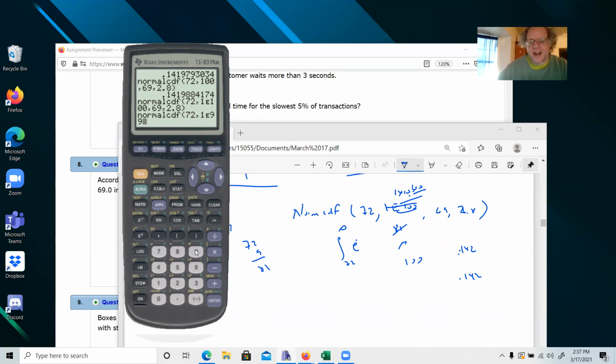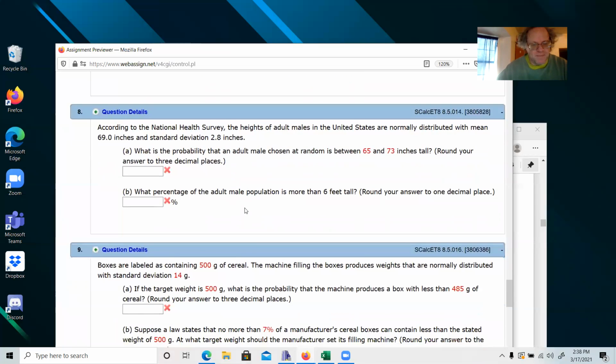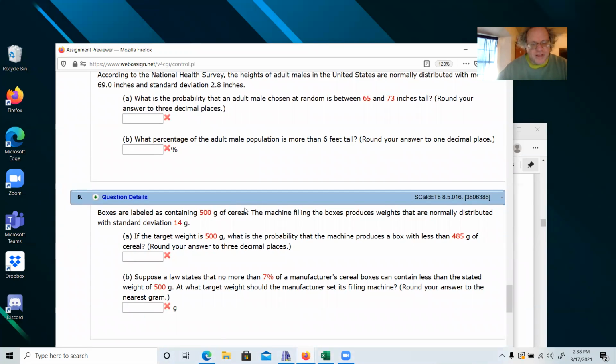Oh, maybe it was 99. Maybe that's it, because it doesn't let me do the whole way. So 1 times 10 to the 99th. Missing a whole lot there. Mean is 69, standard deviation was 2.8. Almost the same number, right? 0.142. Done. All right, so that's what we're doing with this one. Next one.